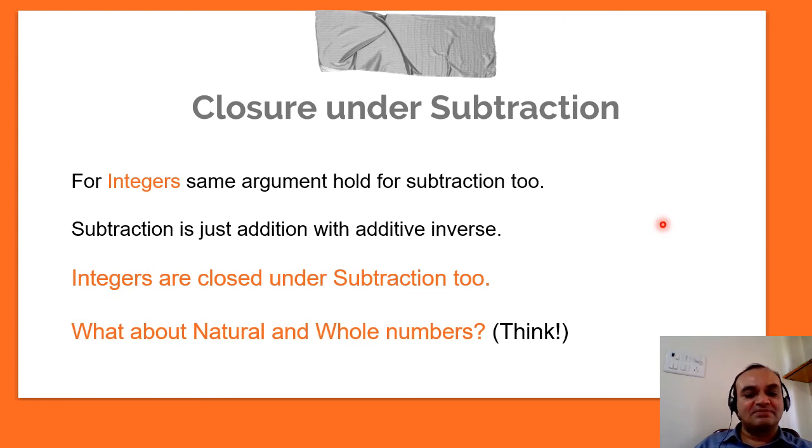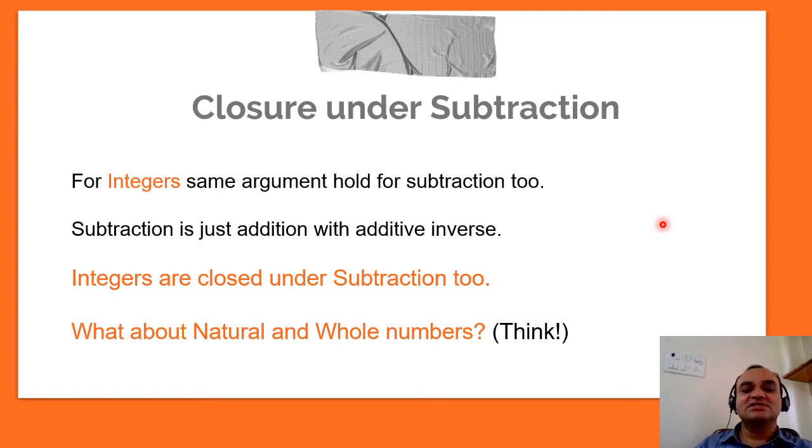So how about subtraction? Are integers also closed under subtraction? Yes, because subtraction is just addition of negative numbers. In the same way, while we subtract, we either move to the left side if we are subtracting a positive number, or we move to the right side if we are subtracting a negative number.